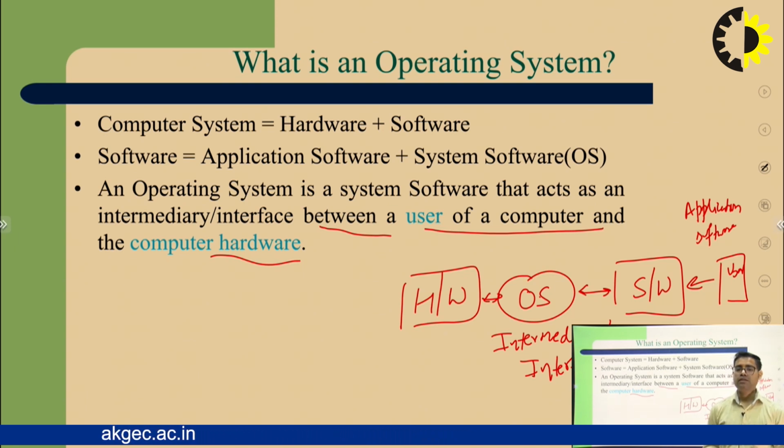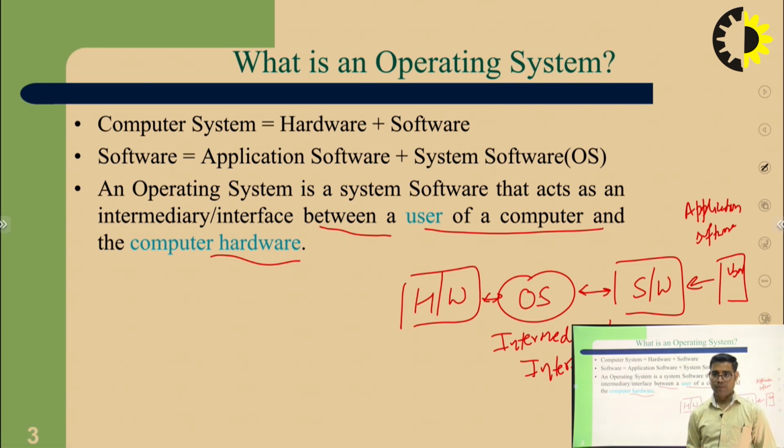Without operating system, we cannot directly interact with the system. Suppose I am talking about the CPU, the memory, the input output devices, you cannot directly interact with these devices. To interact with these devices, you need the operating system, the system software, through which we can interact with these resources.